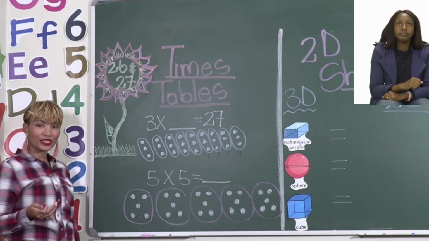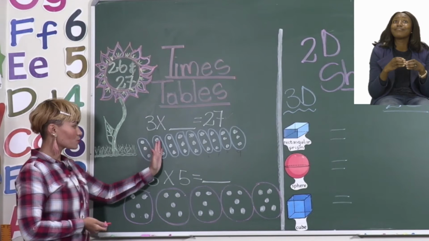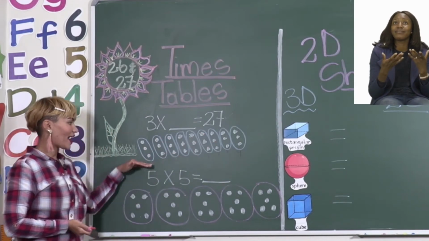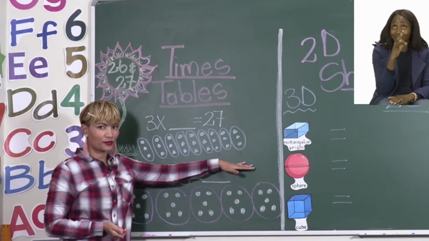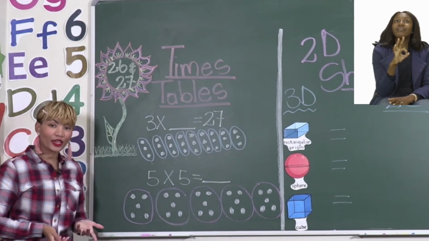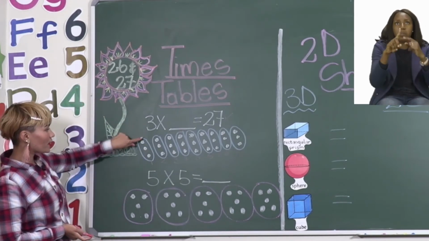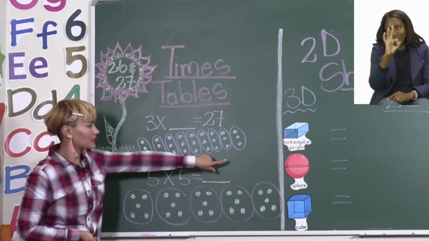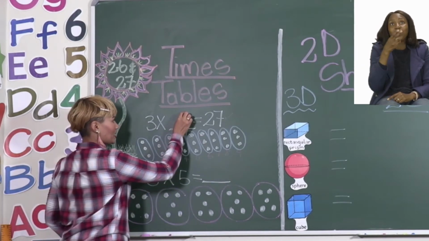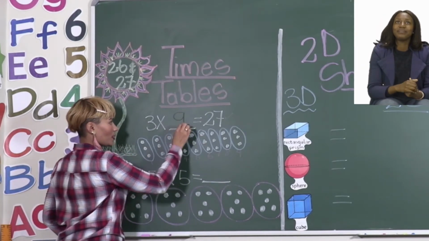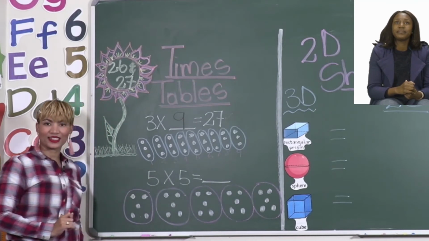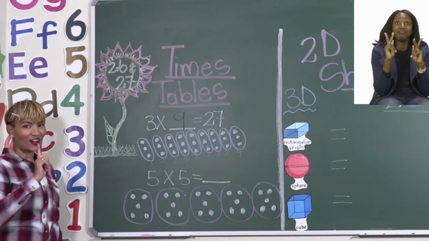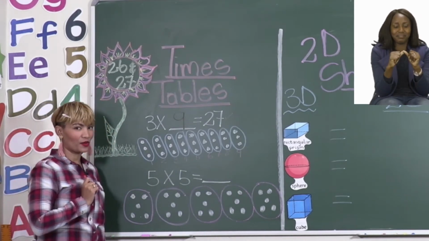So, how many times do we have groups of 3? We have it 9 times. So now we can go ahead and say 3 times 9 is equal to 27. Okay, now let's do the next example.